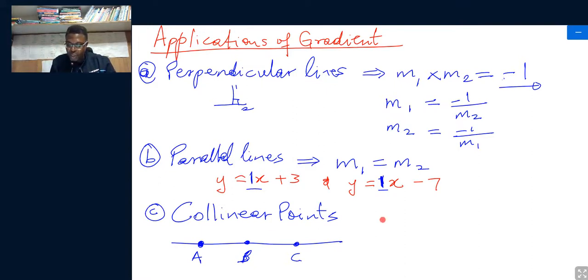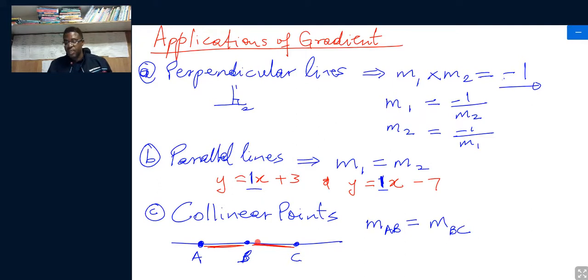Right, so we are going to use gradient. We're applying gradient again. So we are going to determine the gradient of AB, and that gradient must be equal to the gradient from point B to C. In other words, the gradient of this portion here must be equal to the gradient of this portion here.